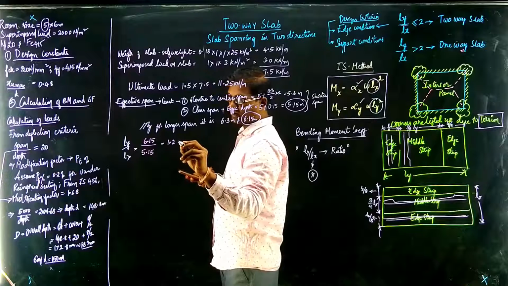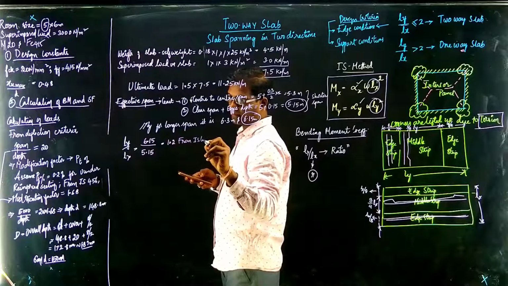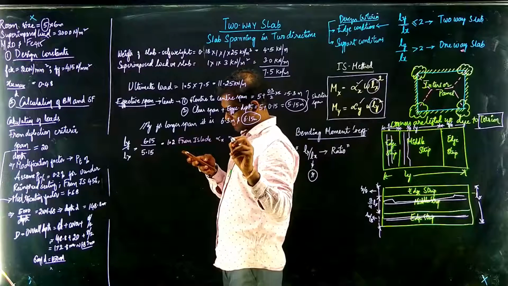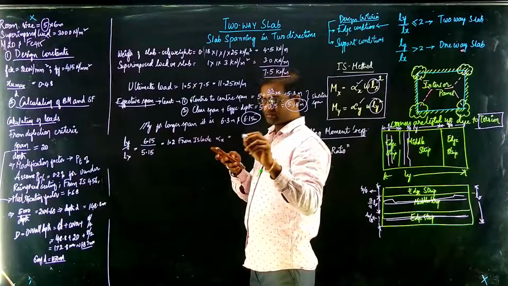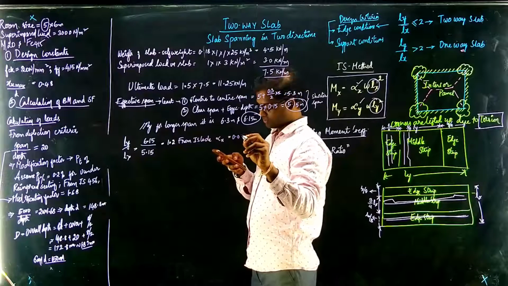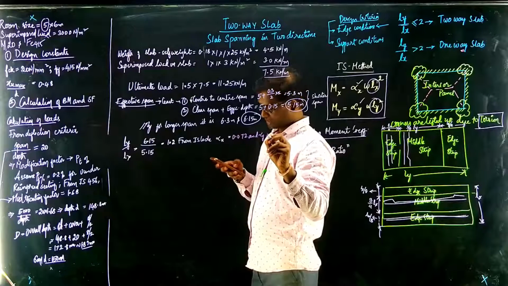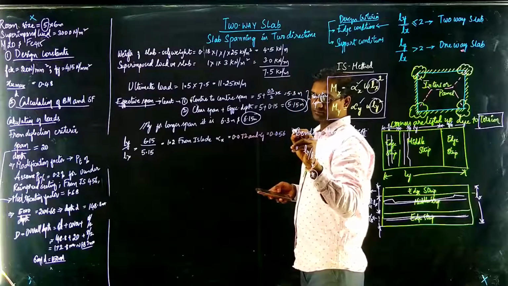And from the IS code book, alpha x can be taken as 0.072 and alpha y as 0.056.